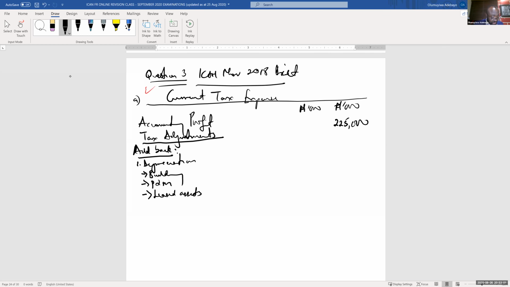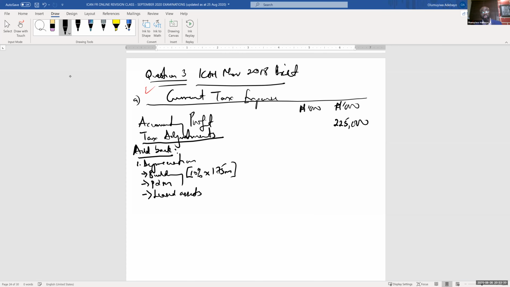Now, from the information given to us, we were told that the building cost 175 million at the start of the year, and the policy is to depreciate it at 10% on straight line. 10% on the straight line means 100% divided by 10% gives us 10 years, which means the useful life of the building is 10 years, which simply says 10% of 175 million.